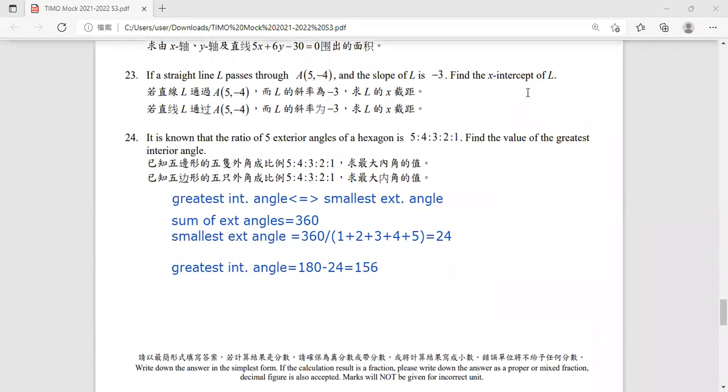If it were a hexagon, we would have 6 faces on it. So it should be a pentagon, because in the Chinese version, it means a pentagon.